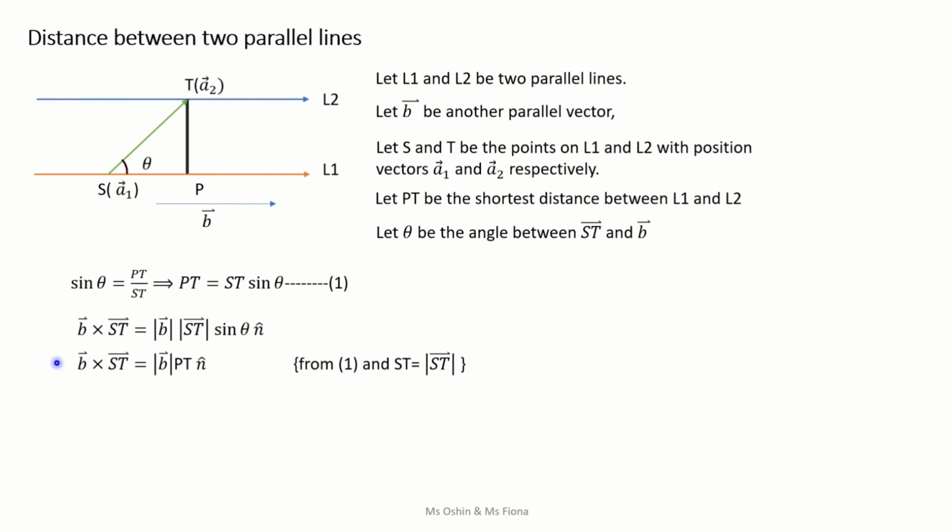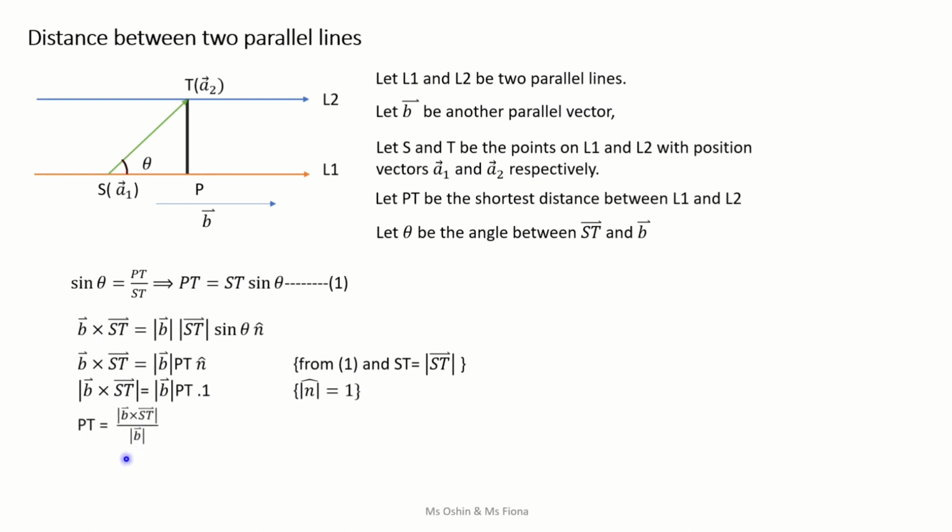Now, distance is a scalar quantity, but we have two vectors here which are equal to each other. So, in order to find the distance PT, we will take the magnitude. So, the magnitude of B vector cross ST vector will be equal to the magnitude of vector B, which is a scalar, into PT, the distance required, and the magnitude of n cap will be equal to 1.